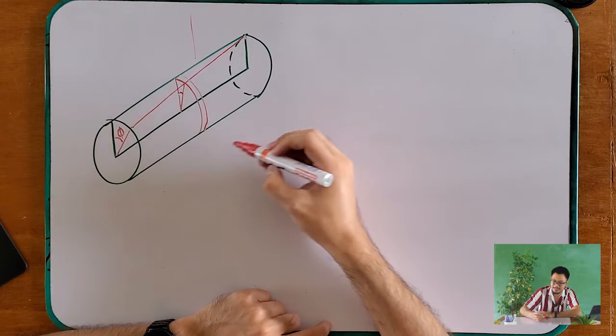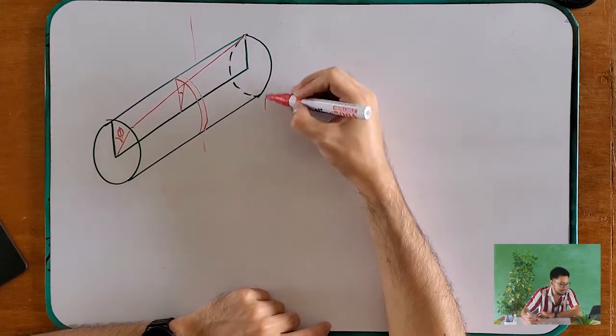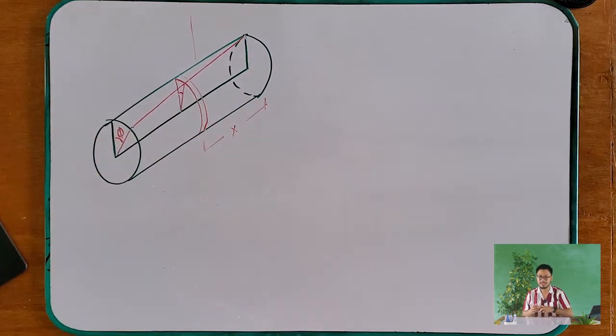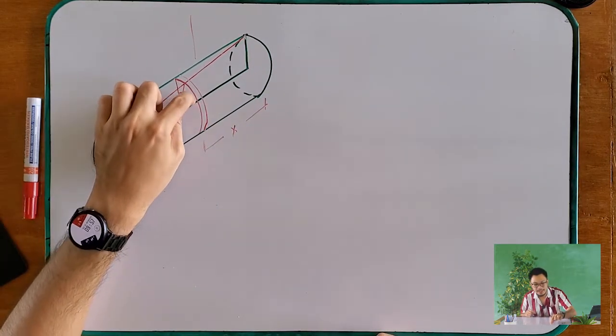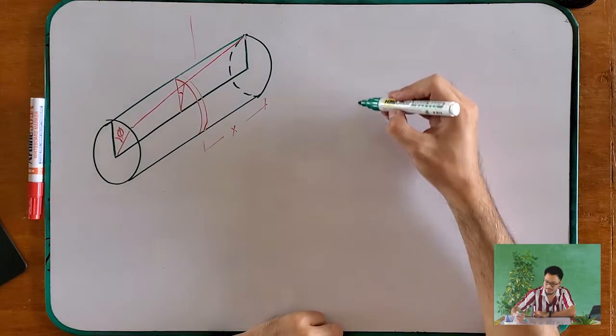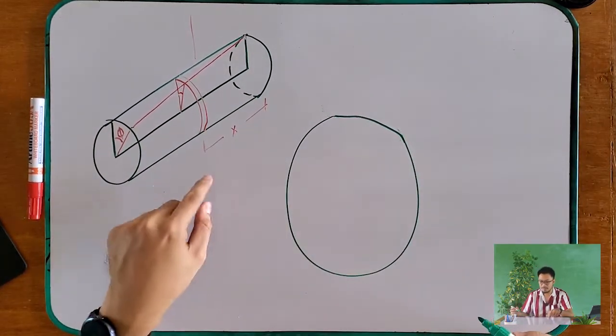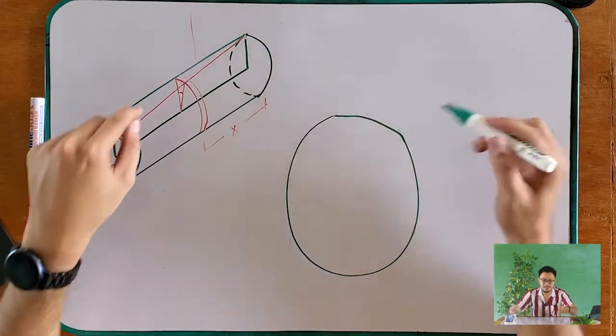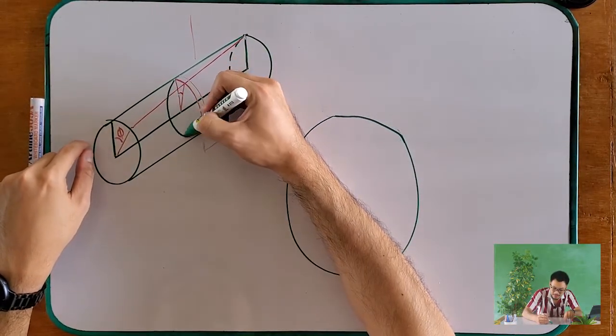So, let's study this portion right here. Ito ni kuhaon nga plate. And this one is located X away from the rear end. Okay. So, magkuha ako ani nga plate ha. So, ato na i-zoom nga plate. Okay. So, again, this is your circular element.